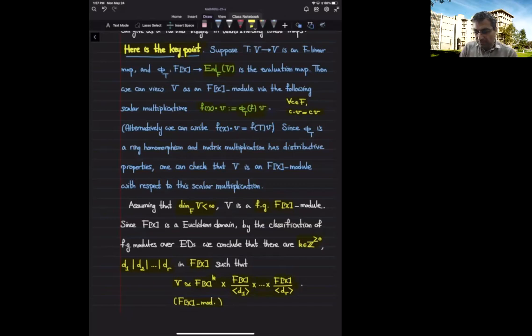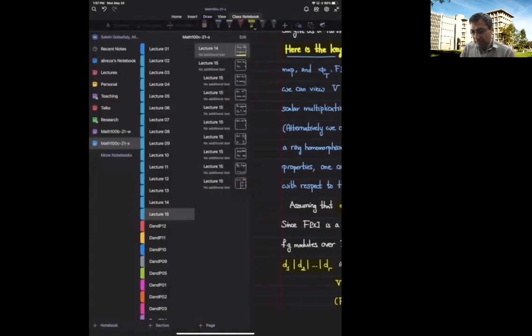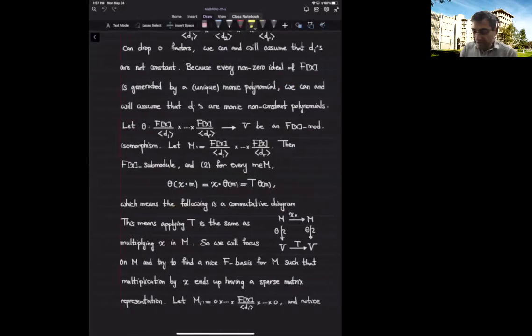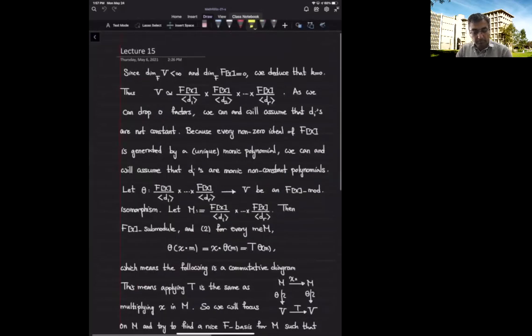So altogether we deduce that this vector space V as an F[x]-module is, and the dimension of F[x] is infinite, not 0. We deduce that the power is 0, so V as an F[x]-module is isomorphic to the quotient of F[x] by the ideals generated by d1, d2, and so on.